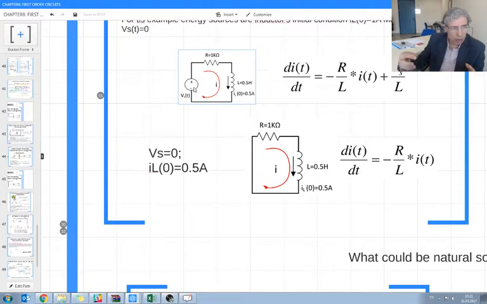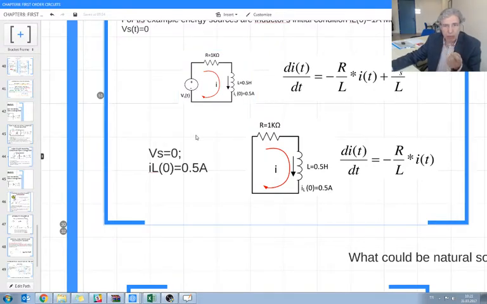That energy source outside the TV equipment is forcing the TV to run in a certain way, and that's why we call it the forced solution. So we already found the natural solution. Now we're going to find this forced solution.